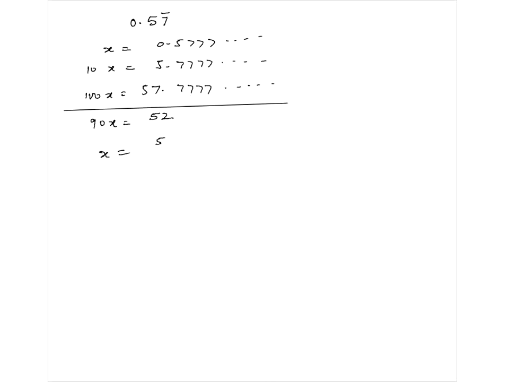So x is 26 by 45. Now can you simplify it as much as you can and then tell your answer? 26 by 45. 26 by 45 is right. Any questions? Let me know.